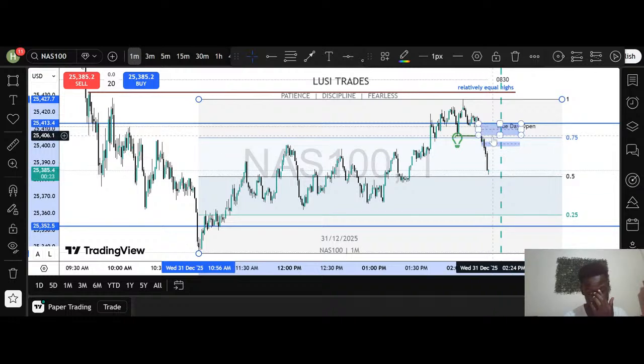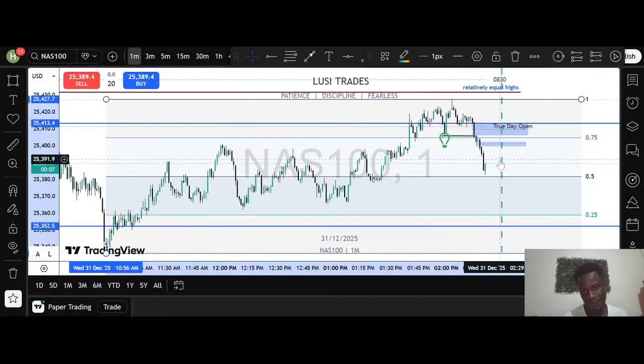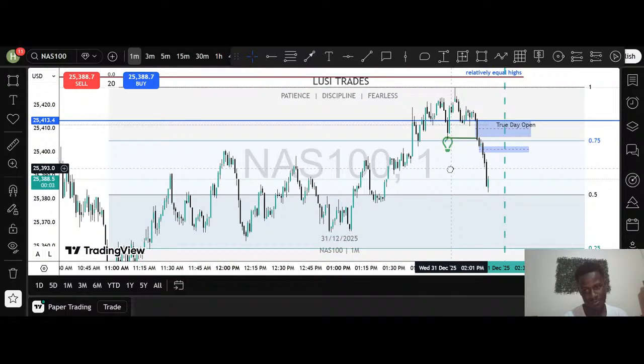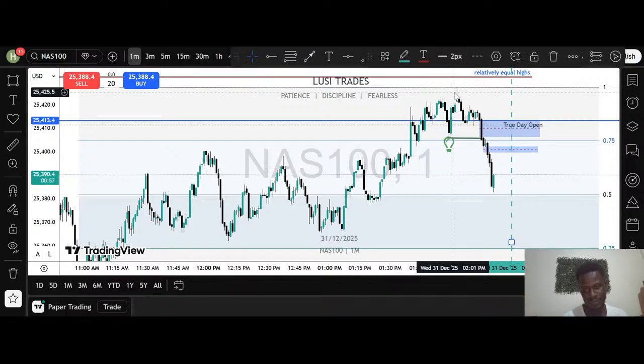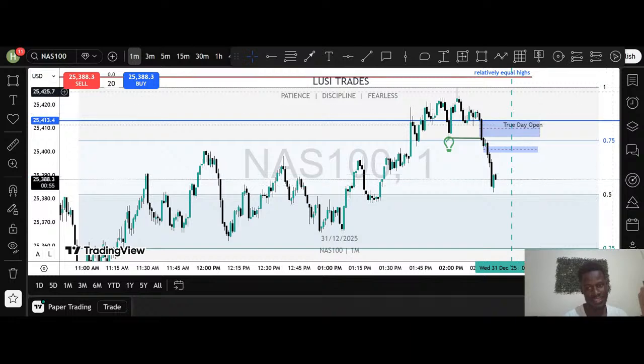So if it can trade back into the equilibrium, then trade to the discount slightly below the equilibrium, and then return into the premium, into any level of inefficiency that was left in price, which are the fair value gaps, I want to see that happen. If it can give me that, then well and good. I'll use that to execute going short.